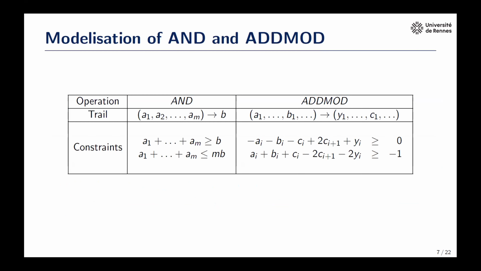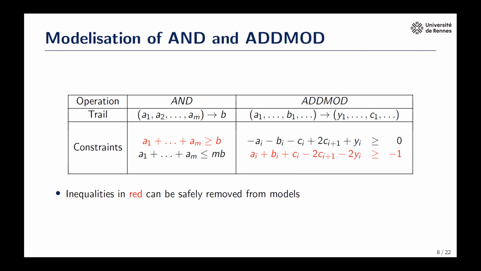For instance, with two simple operations, the binary AND and the modular addition, they can both be written with fewer inequalities. If you look at the inequalities in red, they are completely useless for the model to conclude on the existence or non-existence of a solution.